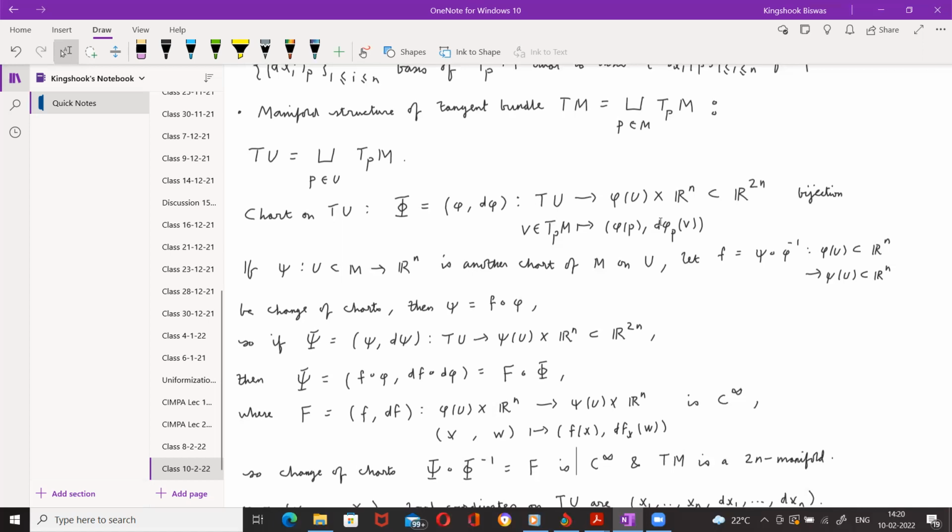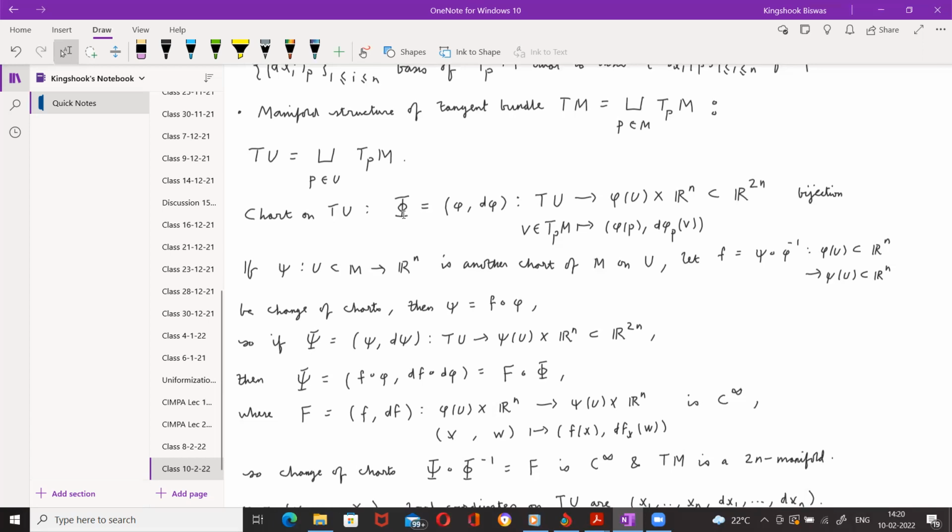I want to say that these maps, capital Phi, are charts on TM. Okay. So first, let me say what the topology will be on TM. So using this map capital Phi, I can give a topology on TM.